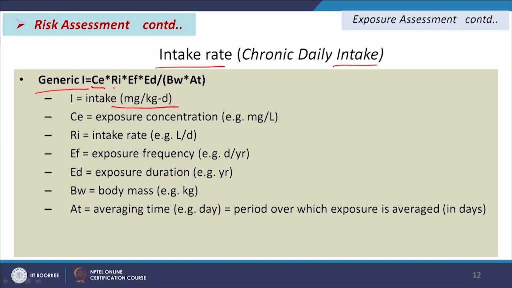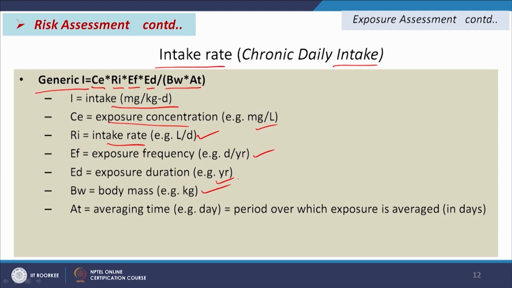is equal to Ce into Ri into Ef into Ed divided by Bw into At. Ce is the exposure concentration, in mg per liter, what is the concentration of the pollutants. Ri is the intake rate, that is how much water, say how many liters of water I am taking per day. Ef is the exposure frequency, how many days in a year I am living in that area, and Ed is the exposure duration, how many years I am there.